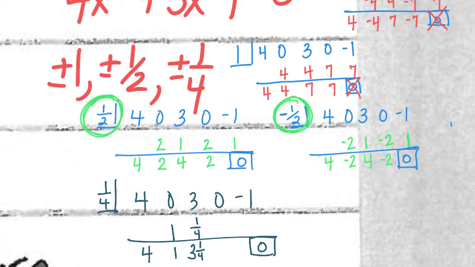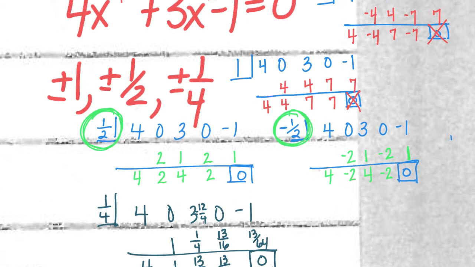Multiply 3 1/4 times 1/4. You know what? I'm going to put this into an improper fraction. That way, 13 quarters, because this would be 12 over 4, right? Plus 1 over 4. There we go. And that gives us 13 over 16. Add down. Yeah, this one isn't working for sure.